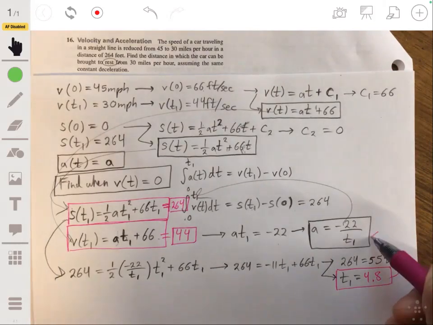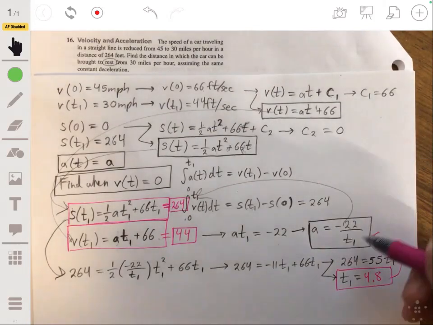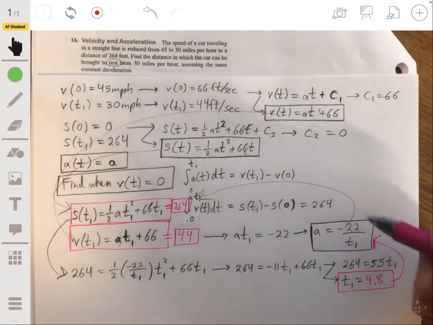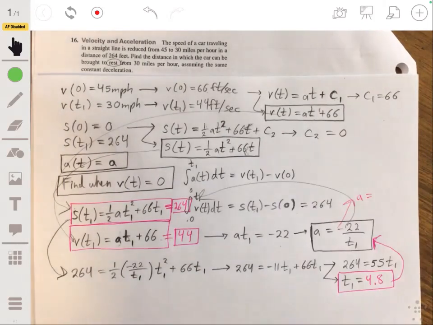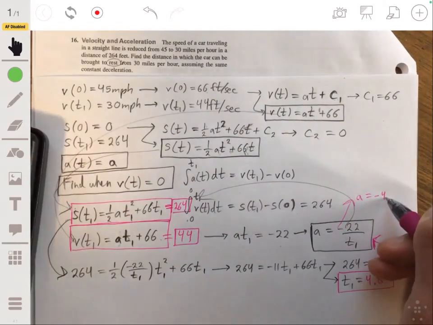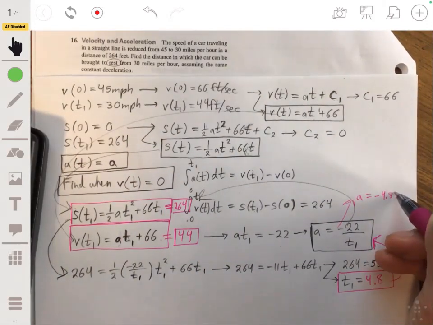Now that we know that t1 is 4.8, we can find the acceleration, the value of a. From here, a will be negative 22 over 4.8, which would be negative 4.583 repeating.